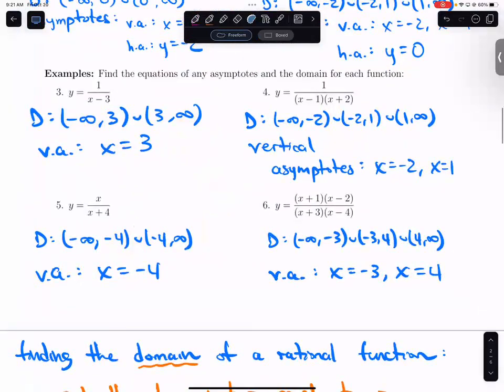So that's all of that dealing with x values basically, right? The domain, figuring out where it's undefined, figuring out what happens at those discontinuities.